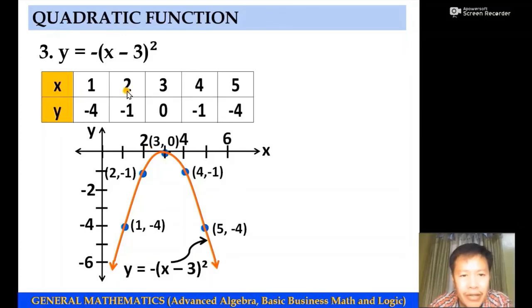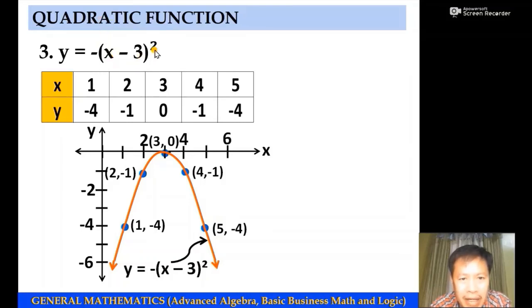If x is equal to 2, substitute: 2 minus 3 is negative 1. Negative 1 times negative 1 is positive 1 already. Then positive 1 times negative 1 is negative 1. 1 minus 3 is negative 2. Negative 2 times negative 2 is positive 4.